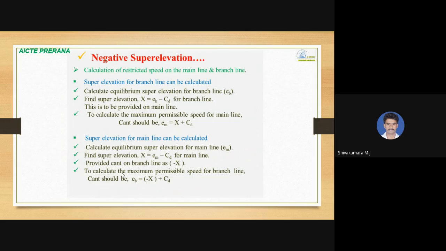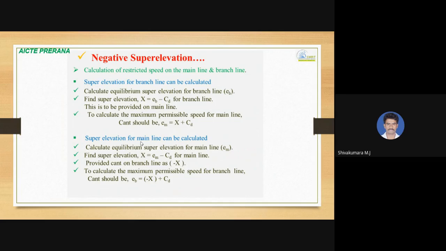This is to be provided on the main line, this value. And to calculate the maximum permissible speed for the main line, the cant value should be main line superelevation EM equal to X plus CD. So that extra cant deficiency should be added over here. And the superelevation for the main line can be calculated like this.